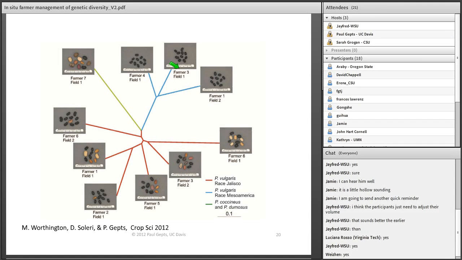Another way to look at these data is to do a spatial autocorrelation within Mexico. You can start, for example, with southern Mexico, Chiapas, and then look at other sites in Mexico where you have wild and domesticated types growing together. The two top are wild versus weedy, and the bottom is domesticated.